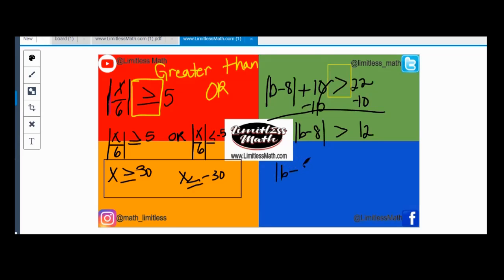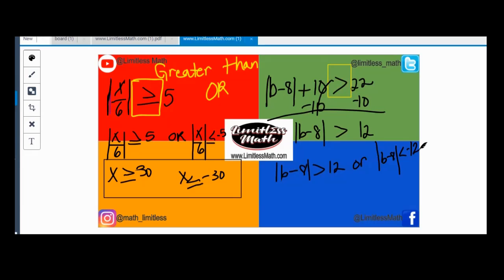So the absolute value of b minus 8 greater than 12, or absolute value of b minus 8 less than negative 12. And I've been leaving my absolute value bars on after I turn it into a compound, and really they can fall off at that point. Once you split it into the two pieces, the absolute value bars really shouldn't be there anymore, okay?